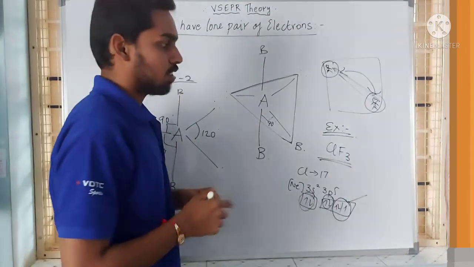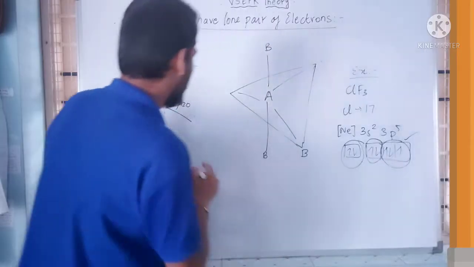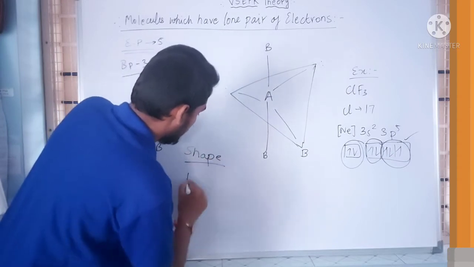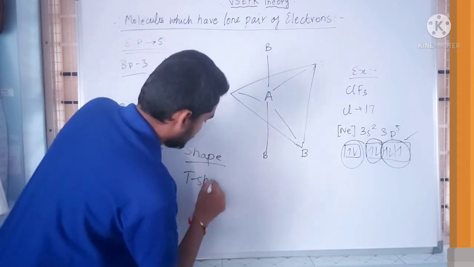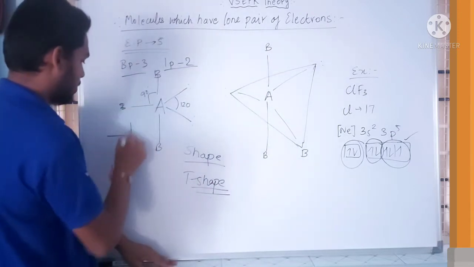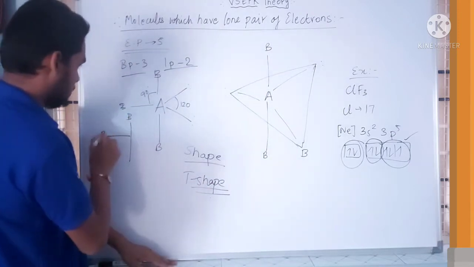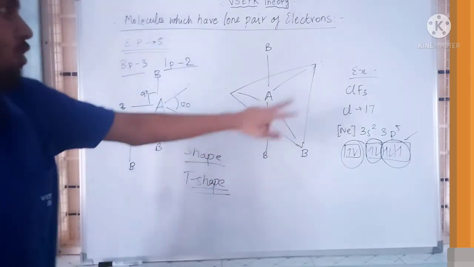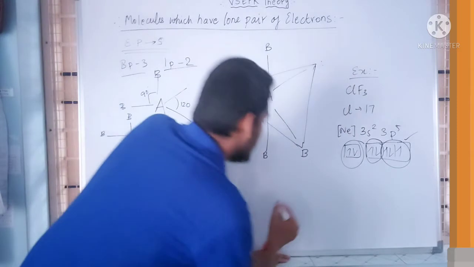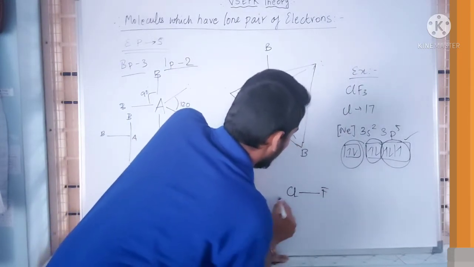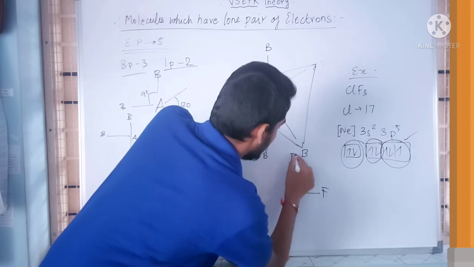So we can form this kind of structure. If you look at the shape, it is a T shape. You can see the English alphabet T. So this is the central atom. Using ClF3, how can we draw it? This will be the Cl, then this will be fluorine, and this will be another fluorine atom.